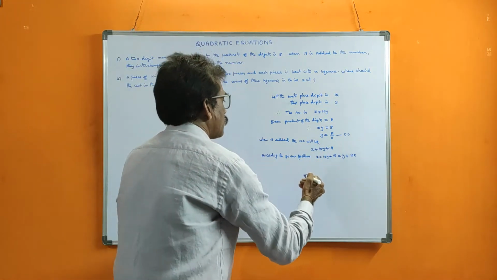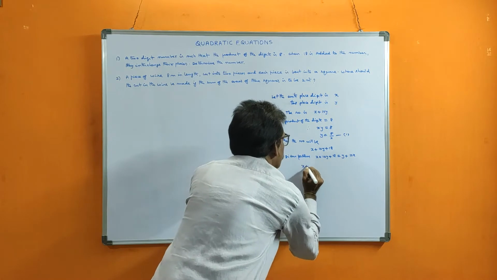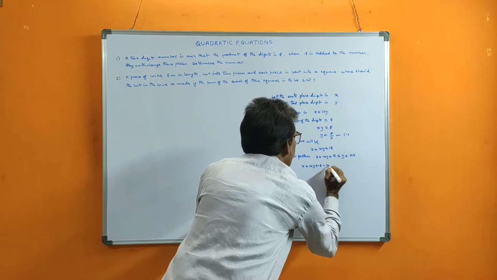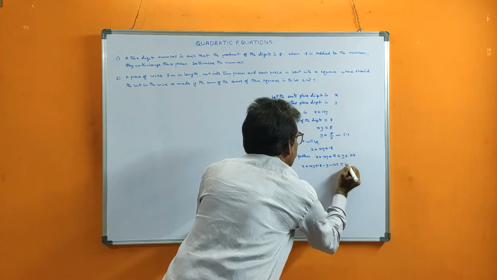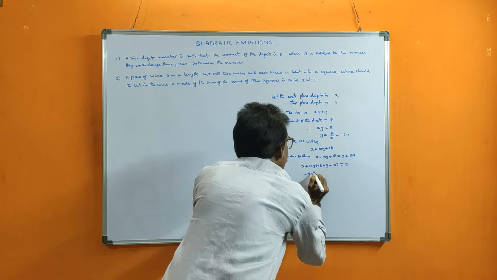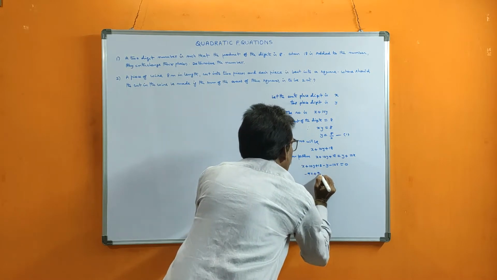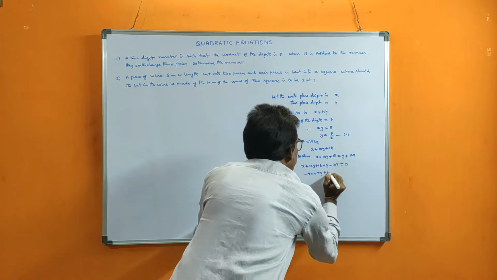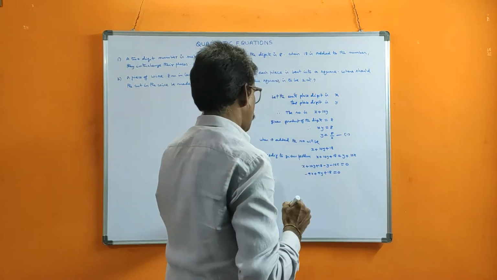Now by this condition you form the equation: x plus 10y plus 18 minus y minus 10x is equal to 0. Now these two give minus 9x, these two give plus 9y, plus 18 is equal to 0.